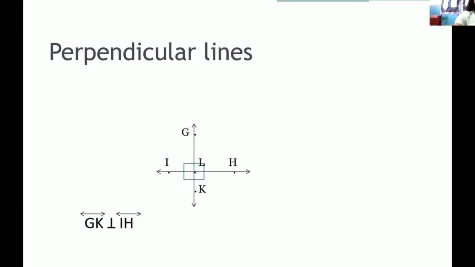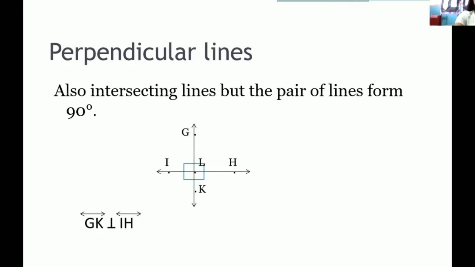Next, we also have perpendicular lines. What are perpendicular lines? They are also intersecting lines, but the pair of lines form 90 degrees. So our lines are line JK and line IH.